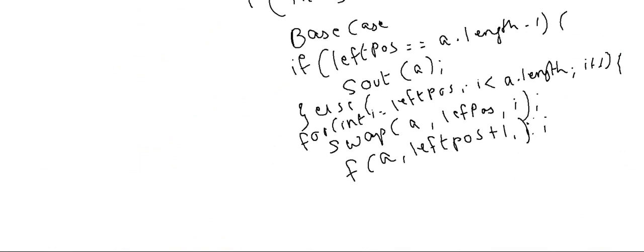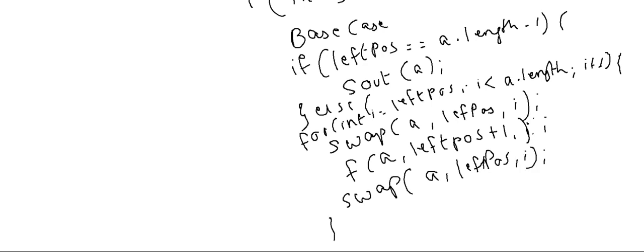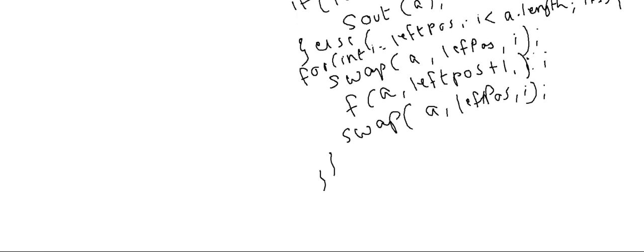I can again perform the swap, which is actually an unswap, with the same two elements, left position and i. So closing the for loop, closing the else, and closing the main function.